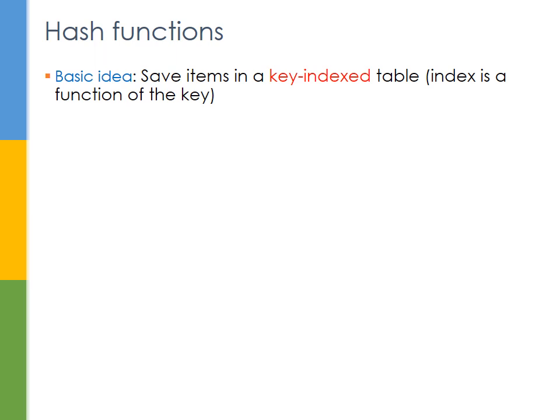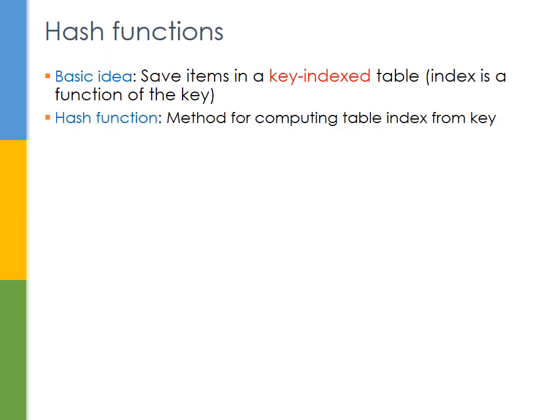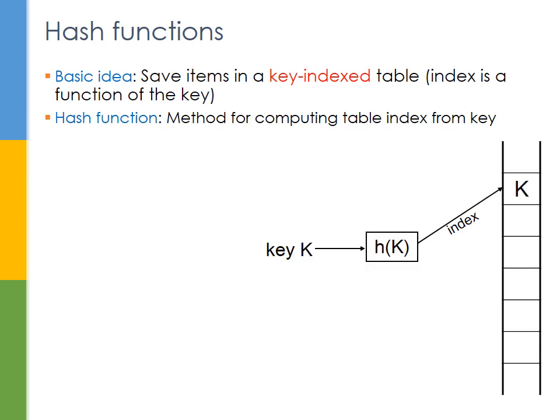The basic idea behind hash functions is that we want to create this key index table, and we want the index of every single key to be determined by the key itself, by the combination of the key and the hash function. So the hash function is essentially a deterministic mathematical method of computing the index in the table for any given key. Let's say I have a table, it's this thing on the right, and then I have some key, and in this case the key would be the unique identifier, let's say the student number.